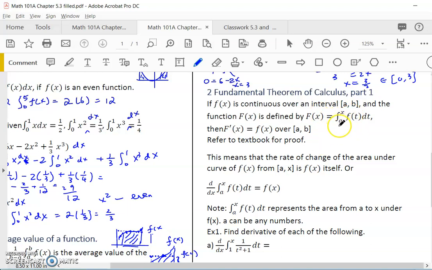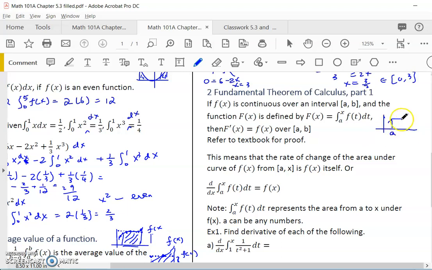If you look at this, I told you earlier that if I have the integral from a to b, it is an area, a number. But if I write a and x, it becomes a function, right? So this function basically is like this. f of x is just a line above it, and then you have a. But then this function changes.